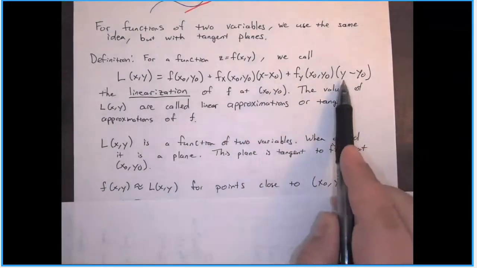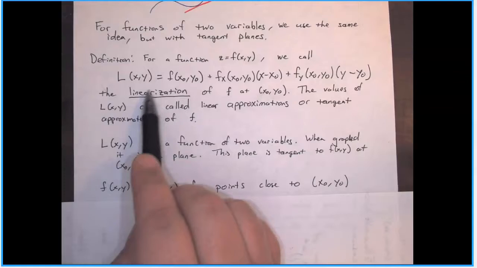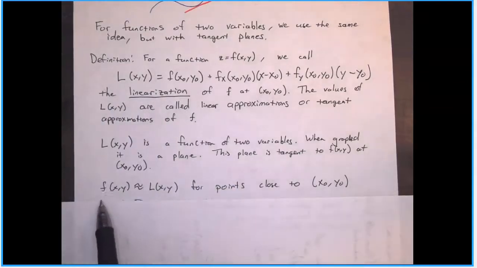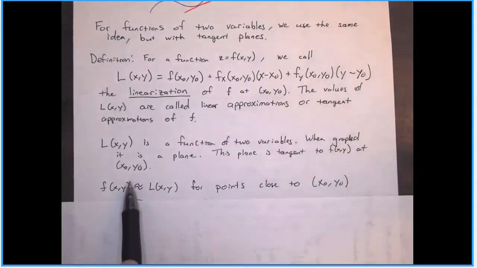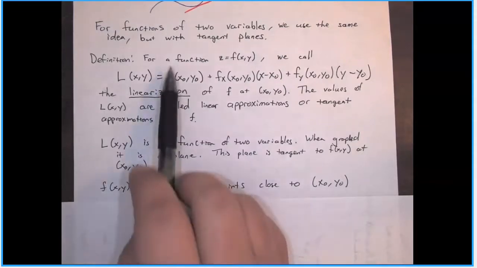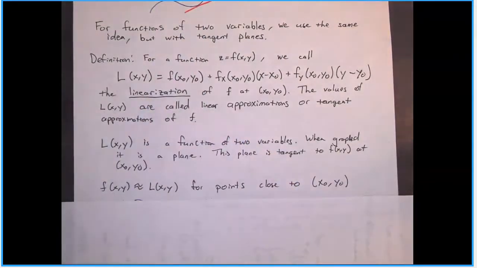So we plug in an x, we plug in a y, we get some third value. And this third value is going to be very close to f of x, y for points close to x naught, y naught. If we go too far out, just like the example from Calc 1, it's a bad approximation.